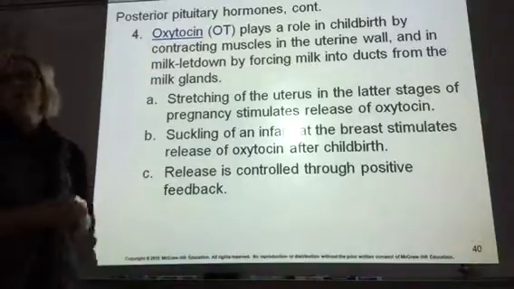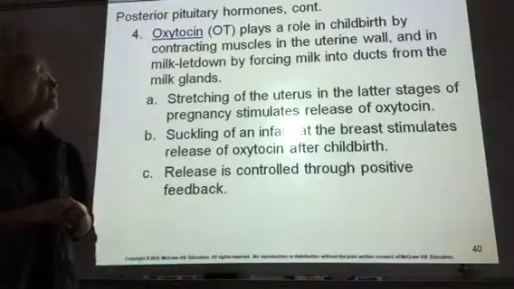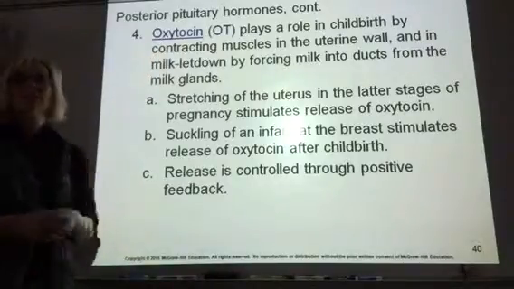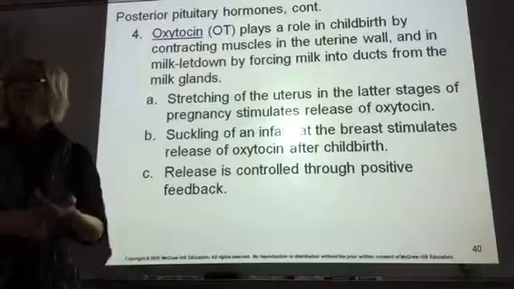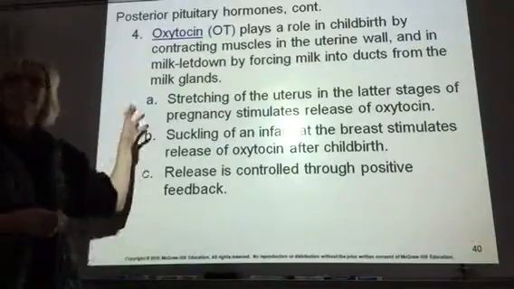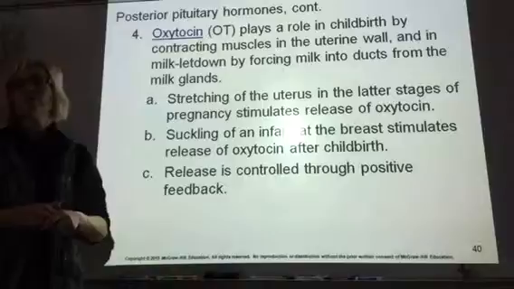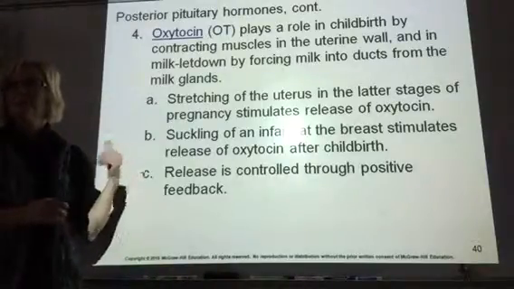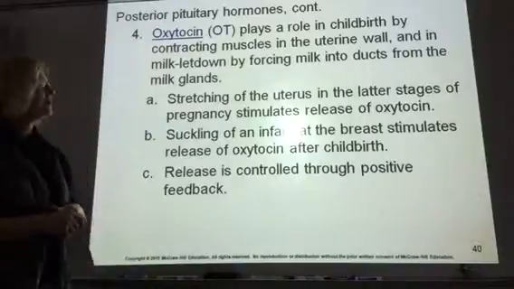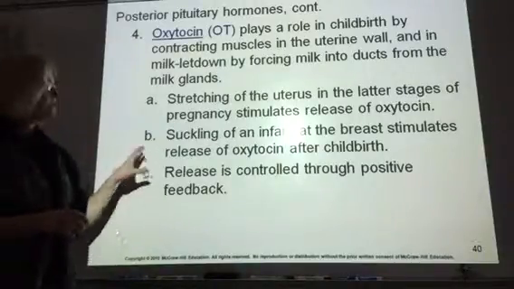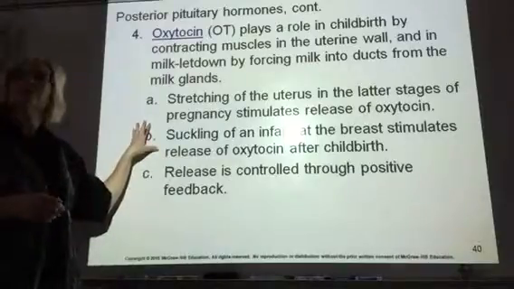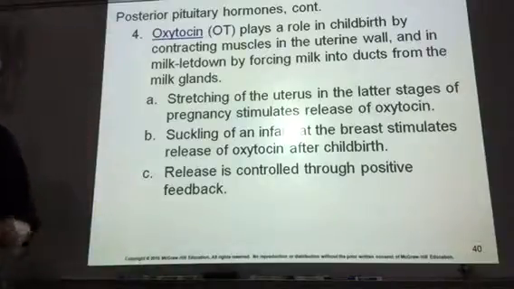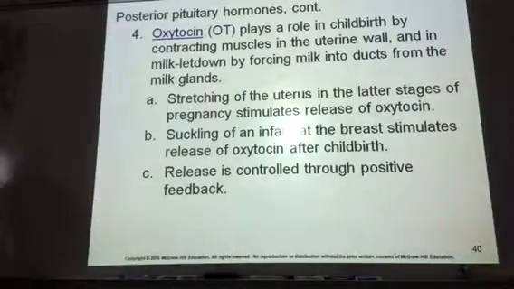If you've heard of someone being induced with labor, a lot of times this oxytocin is not released at the right time, and the female may need Pitocin, which is a drug that simulates oxytocin, and basically that will put the woman into labor since the oxytocin is not being released. So if you hear of someone being induced for labor, often it's this hormone that is not doing its job for one reason or another.